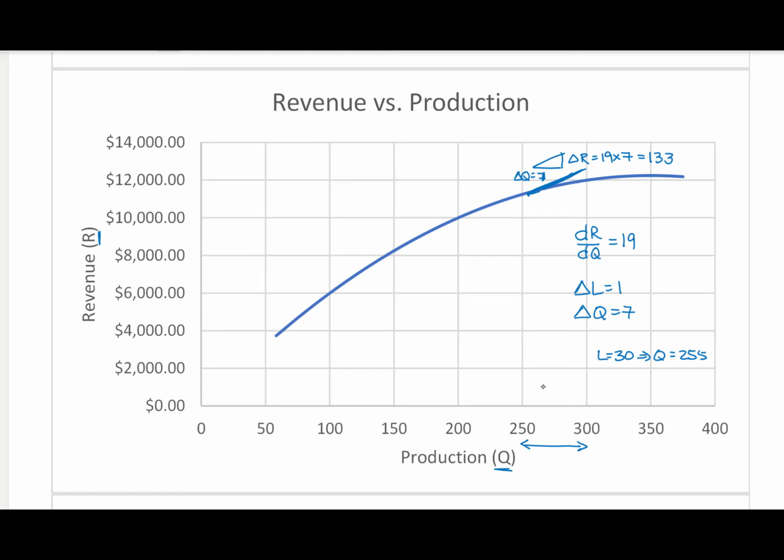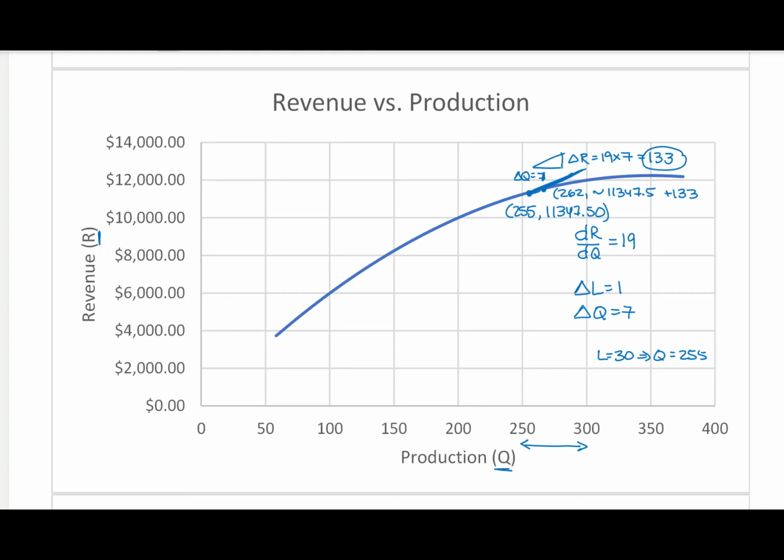So when it goes from 255 to 255 plus 7, when Q is equal to 255, our revenue is $11,347.50. I previously calculated this. And when Q goes up by 7 units, that brings us to 262, and we would expect an increase in revenue of 133.